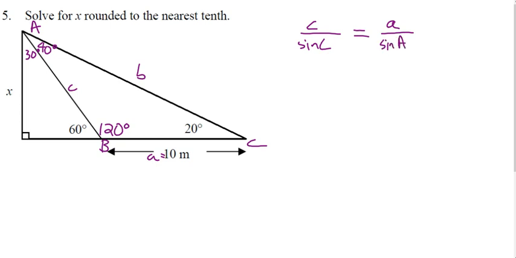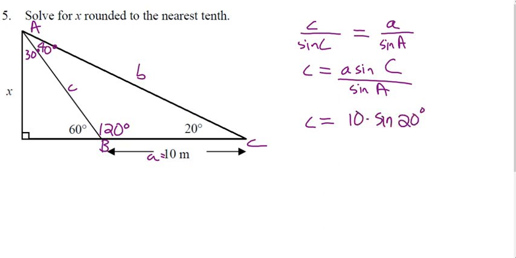Okay, remember, we're finding an unknown side, so the thing we want to find is always going to go in the upper left. Okay, rearrange the equation before substituting. I think that's a nicer, better thing to do. Okay, what do we got? A, 10 times the sine of 20 degrees over the sine of 40 degrees.